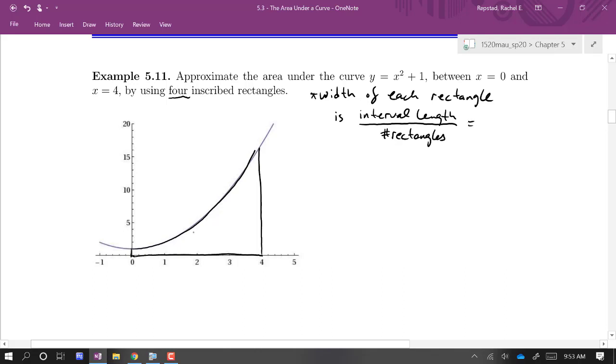So the length of the whole interval from 0 to 4 is 4. We're using 4 rectangles. So the width of each rectangle in this case is going to be 1. This width of each rectangle, we call that our delta x.